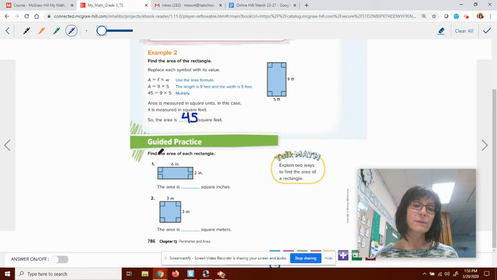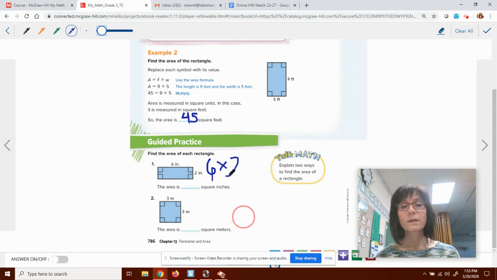So in this case, I'd probably say length is 6 inches and the width is 2. 6 times 2, and everyone showing their work would show Mrs. Swint that 6 times 2 is 12. 12 square inches. And remember, abbreviations, we have in for inches with a little 2.